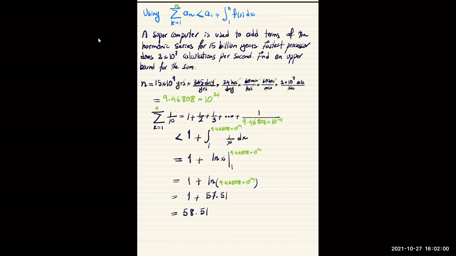If the series is convergent and you can find its actual value, then you don't need to find bounds. But for series that are divergent, you are interested in finding bounds.